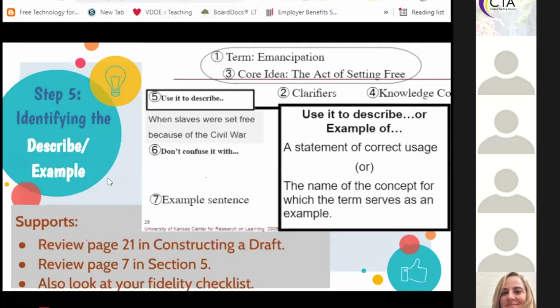The next part is 5, and I feel like 5 and 6 really go together. The 5 is identifying or describing the examples, and the 6 is what are the non-examples. So what is it? What isn't it? You can see here, it was used to describe when slaves were set free because of the Civil War.